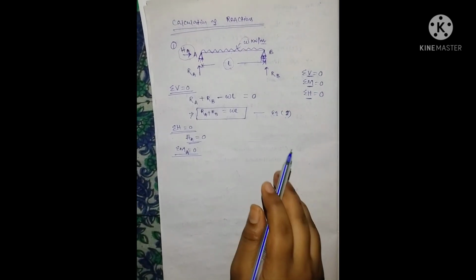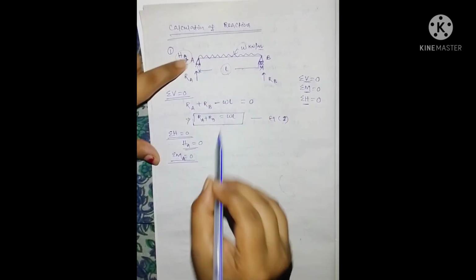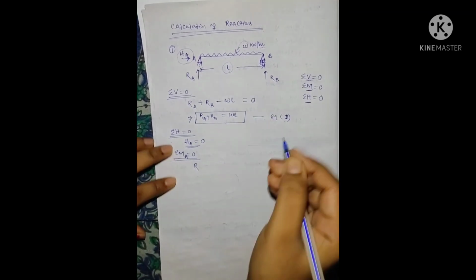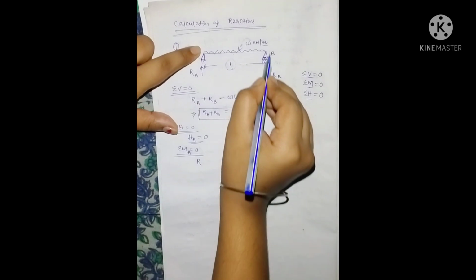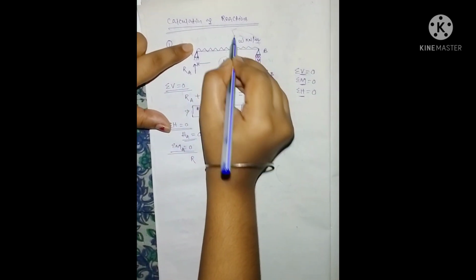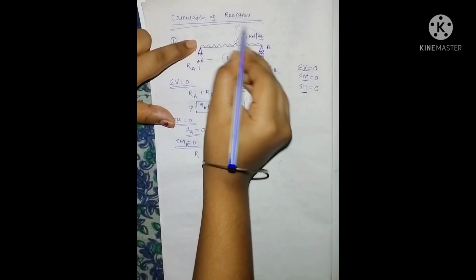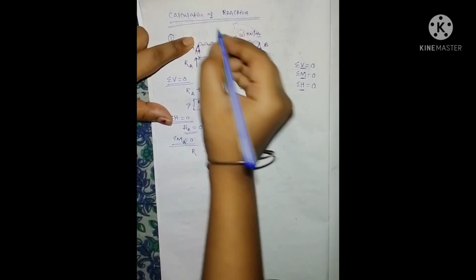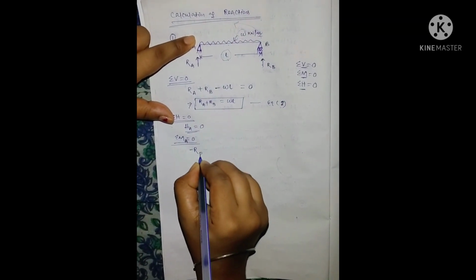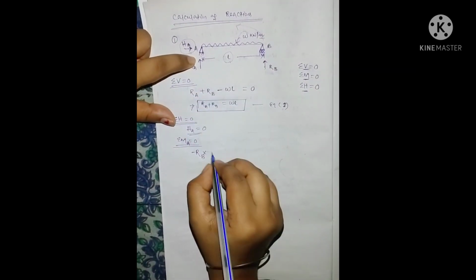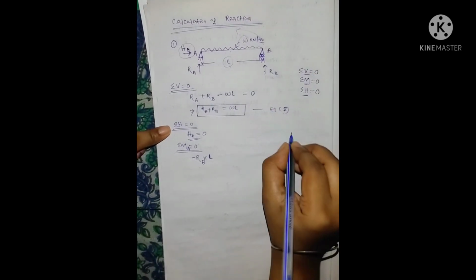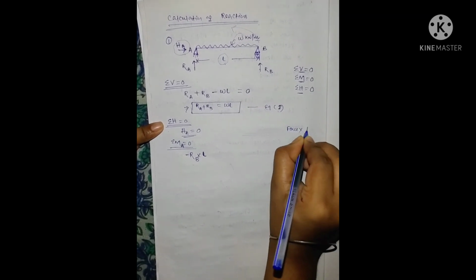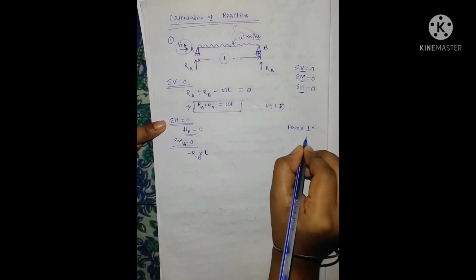Then let's take the moment about point A. First we take that RB, the force RB is rotating in anti-clockwise direction. So we take its direction as negative, minus RB into distance L. How do we take moment?